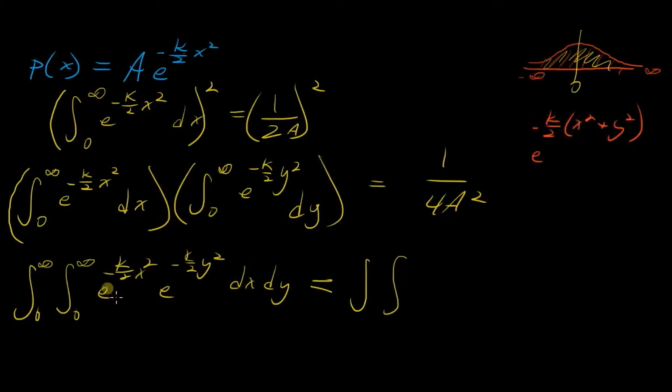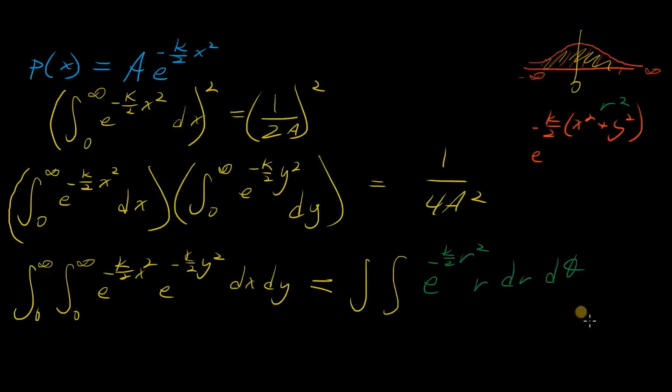Okay, so that's what this thing is, and this thing we're going to call x squared plus y squared r squared because we're going to change to polar coordinates now. So we're going to have e to this stuff, and hopefully you know changing to polar coordinates, dx dy changes to r dr d theta.